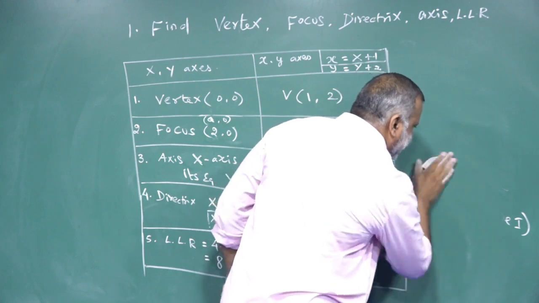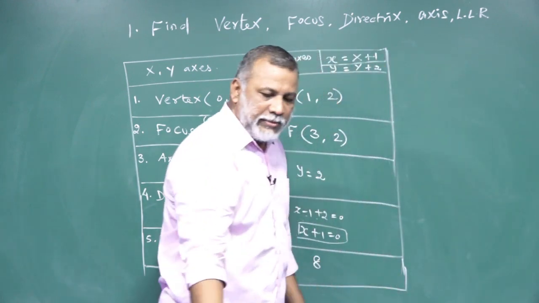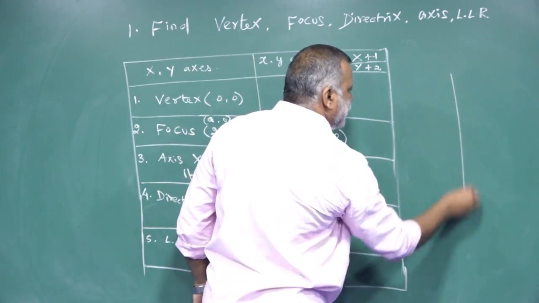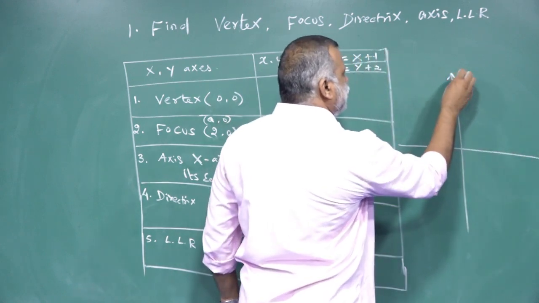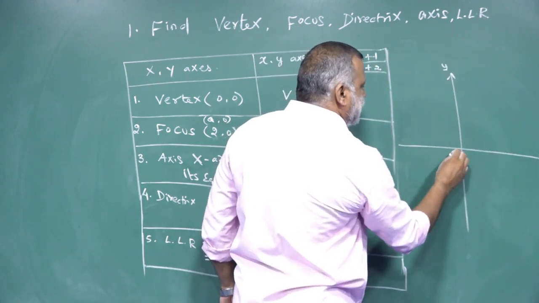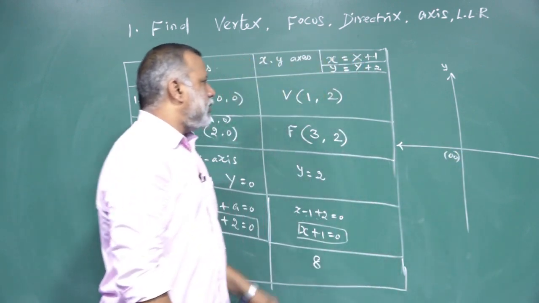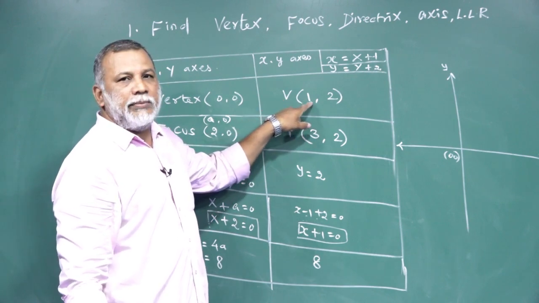See, the vertex is shifting from 0, 0 to some other place. Now see this diagram. Everyone, first draw small x, small y. The meeting place of small x and small y is the origin 0, 0. Now the vertex is shifting from 0, 0 to some other place.